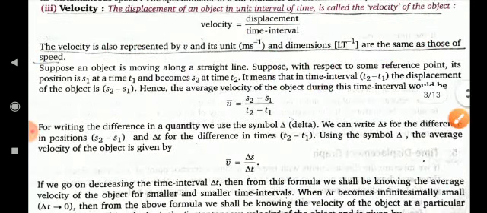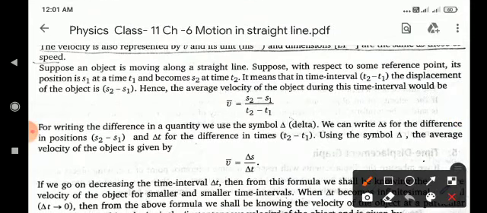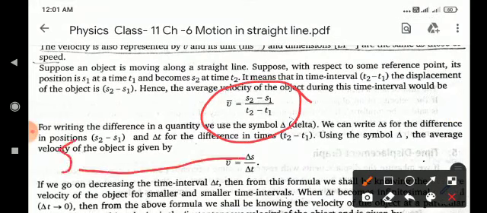Average velocity is defined as v vector equals s2 minus s1 upon t2 minus t1. Suppose an object is moving along a straight line. With respect to some reference point its position is s1 at time t1 and s2 at time t2.